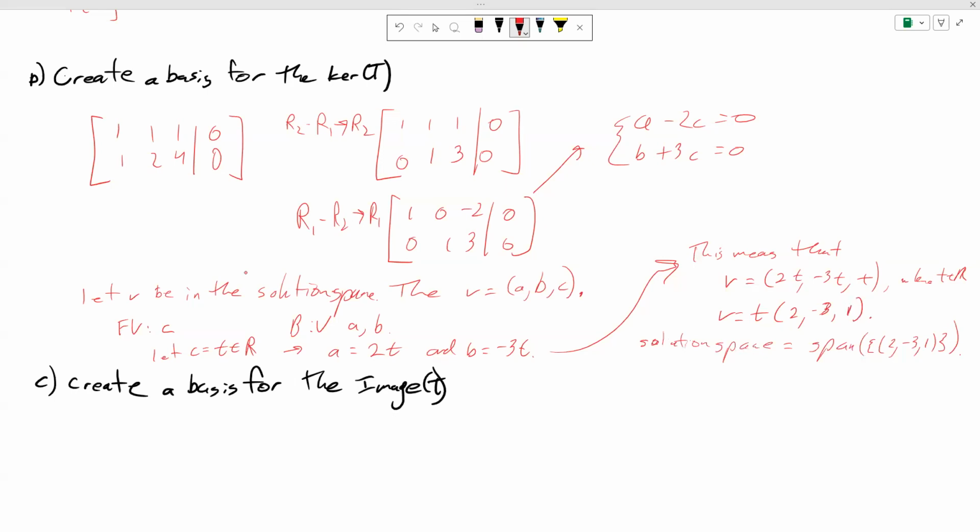Now, I want to convert this into the kernel. To convert it into the kernel, I'm going to take each of these vectors and figure out what they are using the basis alpha.